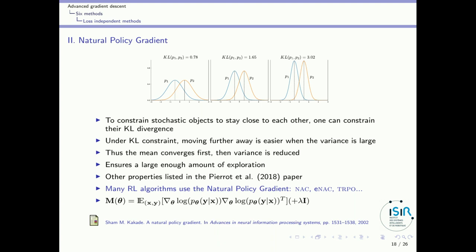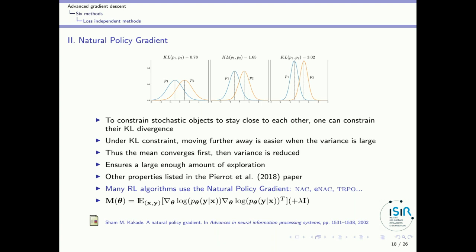And due to that particular property, variance will stay large for a long time, and in deep reinforcement learning this will ensure a large amount of exploration, because your variance provides you exploration: you will try different actions when your variance is large, and not so different actions when your variance is small. So that's a very interesting property for the convergence of policy search, because it provides you with a significant enough amount of exploration.